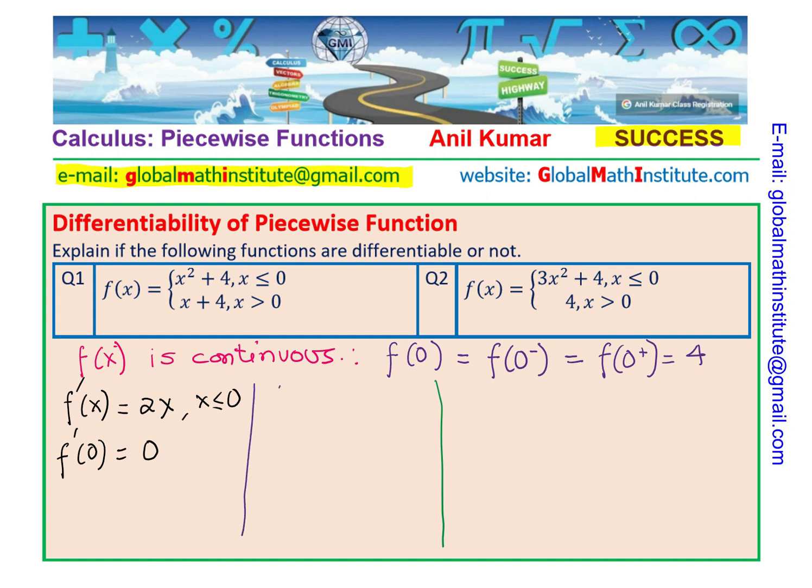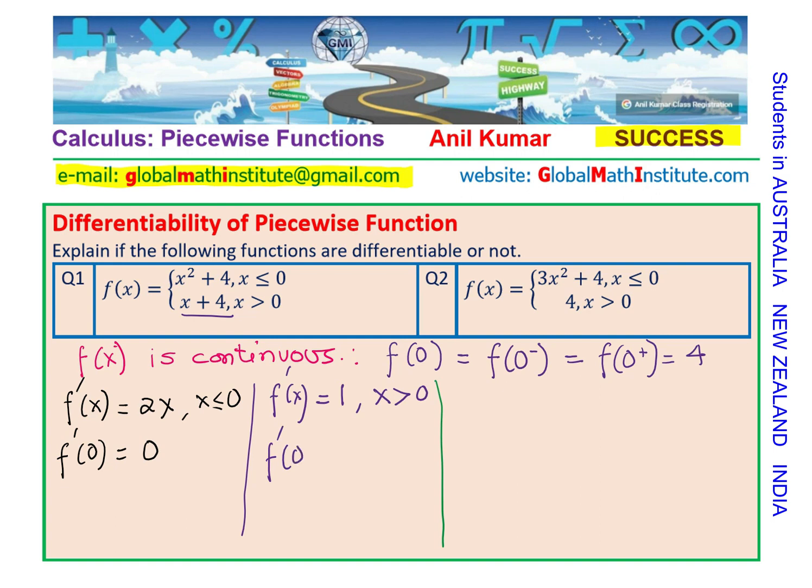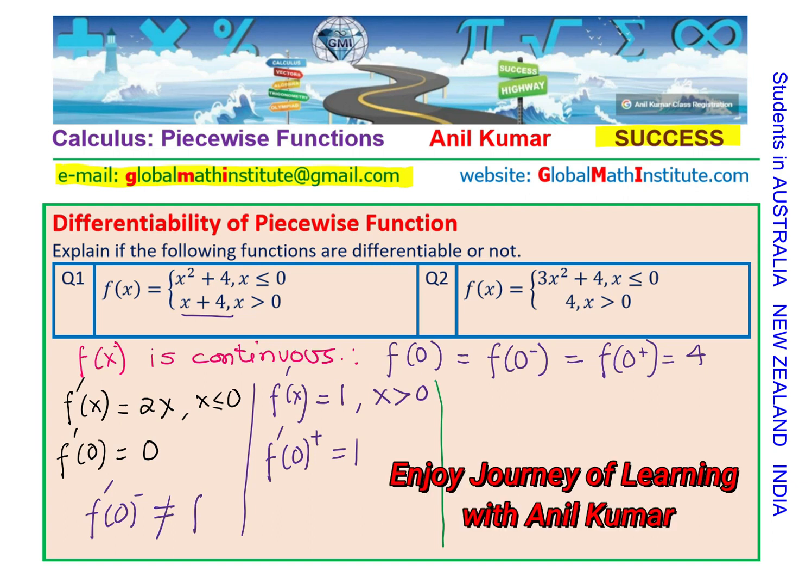On the other side, the derivative of x plus 4 is equal to 1 when x is greater than 0, which is a constant. So this derivative at 0 from the right hand side is equal to 1. You see that the derivatives from the left side and the right hand side are not equal, 0 and 1, and therefore this function is not differentiable.